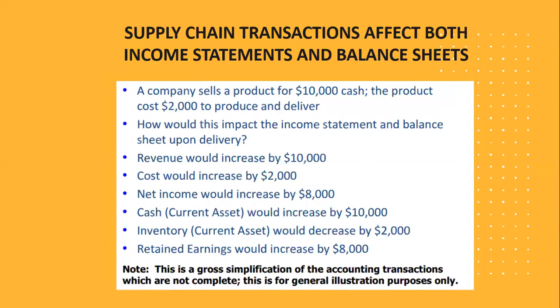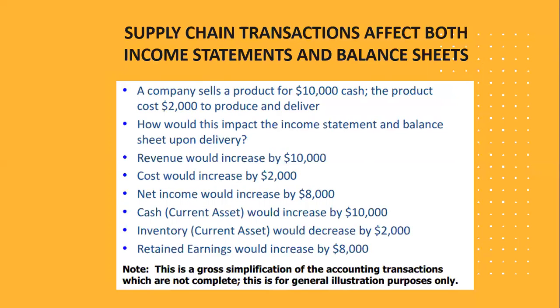Now, let's look at the same transaction. We've now understood how it impacts the income statement, but let's look at how it will impact the balance sheet. Well, first of all, you have 10,000 in cash coming in. Because cash is a liquid asset, the current assets are going to increase by $10,000.